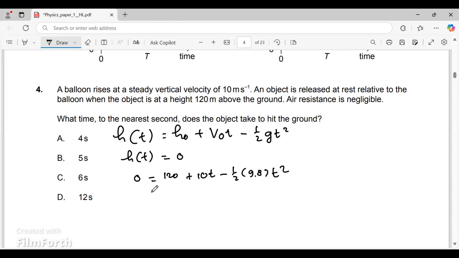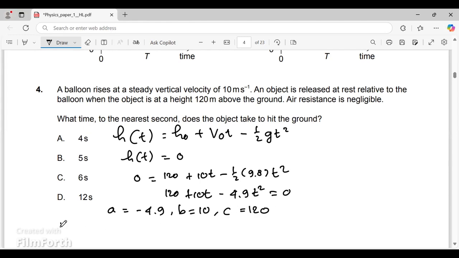It's going to be 120 plus 10t minus 4.9 t squared equals 0. So this is a quadratic equation, in which a equals minus 4.9, b equals 10, and c equals 120.